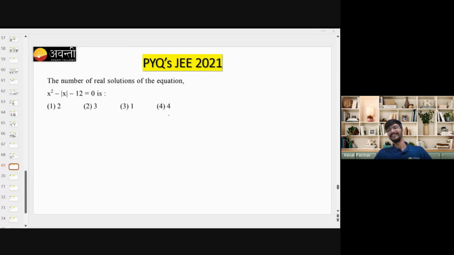Yeah. These are the PYQs from JEE 2021. Let's quickly look at them. So here we have the number of real solutions. It's a very cool question. We just have to use mod. We can write the equation as mod x the whole square minus mod x minus 12 equals to 0.